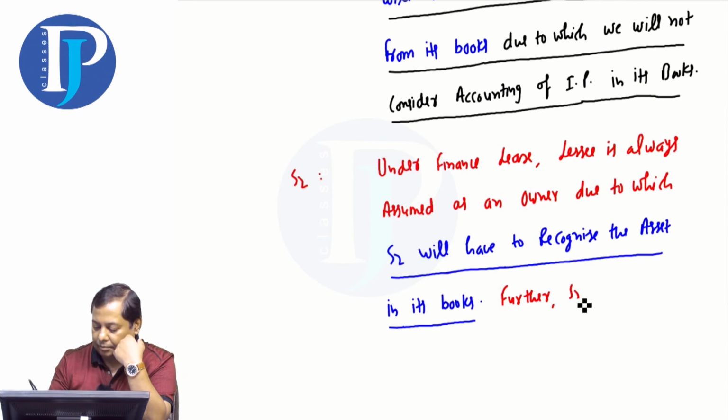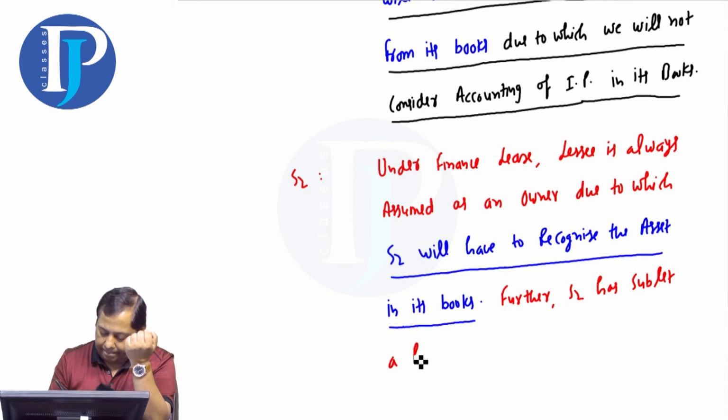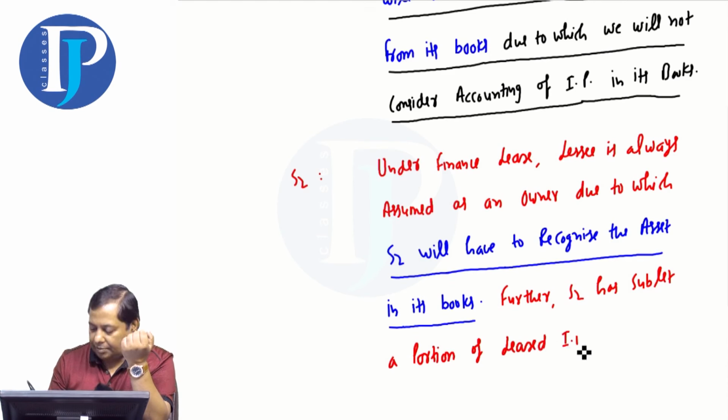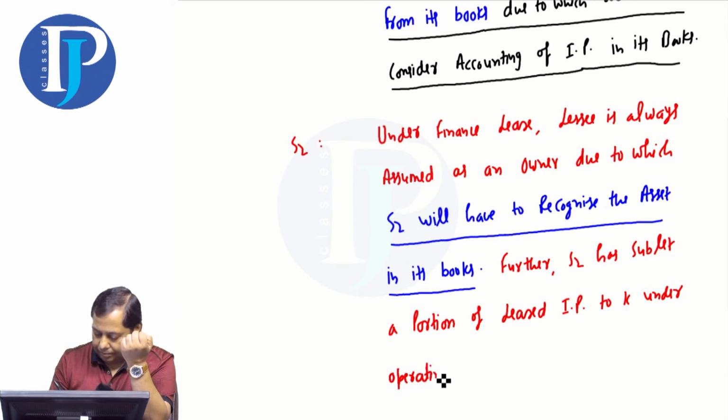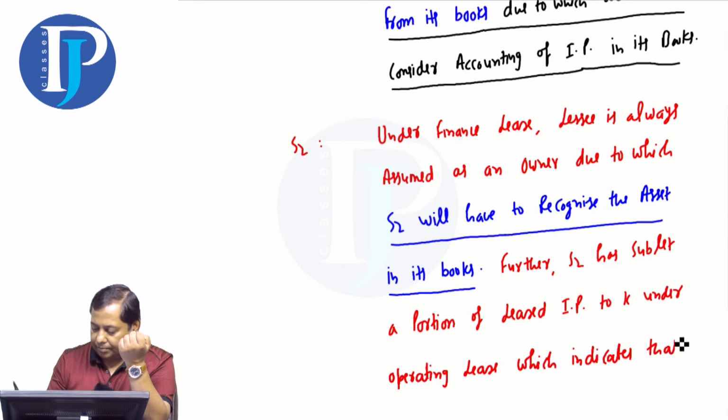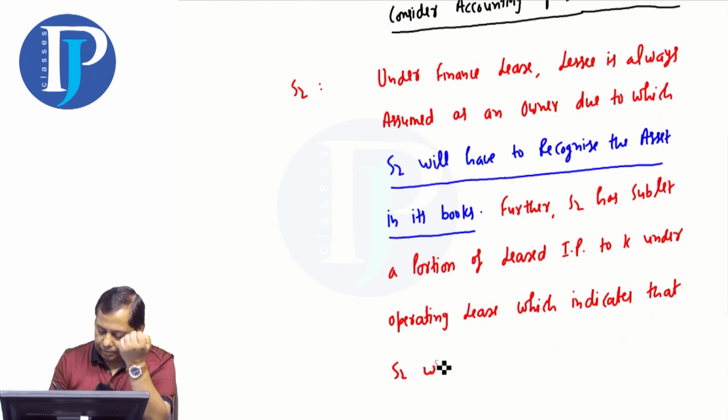Further, S2 has sublet a portion of the leased IP to K under an operating lease, which indicates that S2 will keep the ownership.